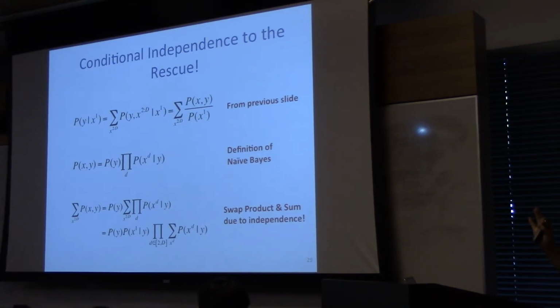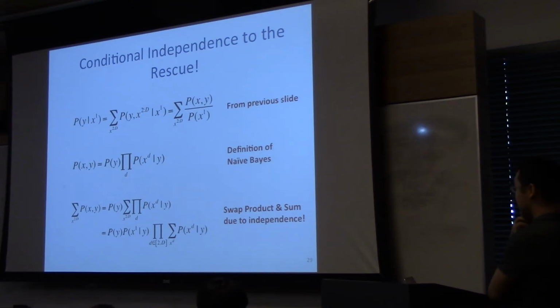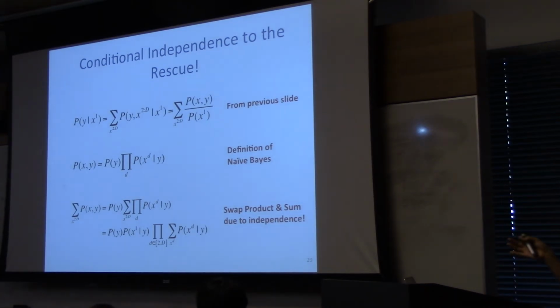I'll give you an example in the next slide. Now, suddenly, instead of doing an exponential number of iterations, it's back to linear. So I'll give you an example in the next slide that's operational.